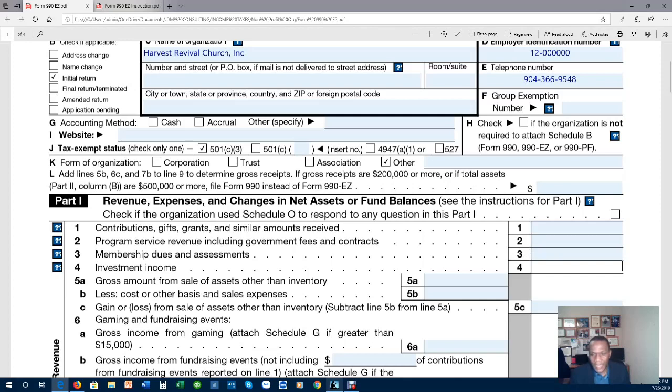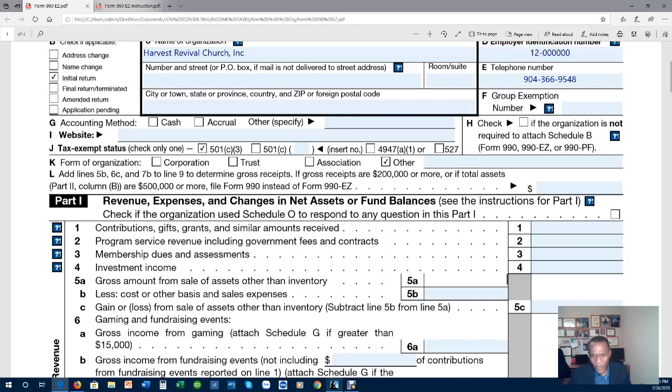Gross amount from sale of assets other than inventory: if you sell assets, you enter the amount you sold the assets for here.